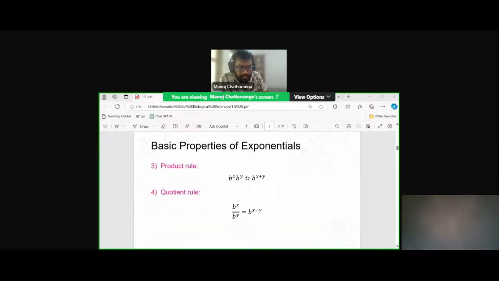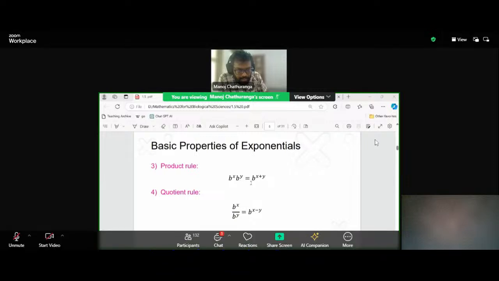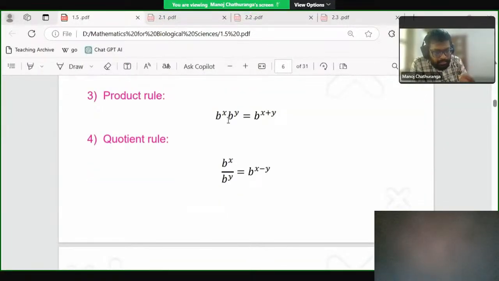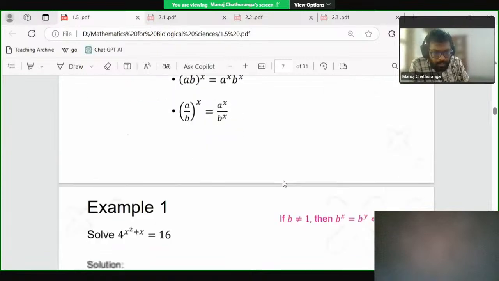When you multiply two exponential expressions with the same base, exponents get added. In the quotient rule, it's the same thing, but now instead of multiplication, we have a quotient. Right?